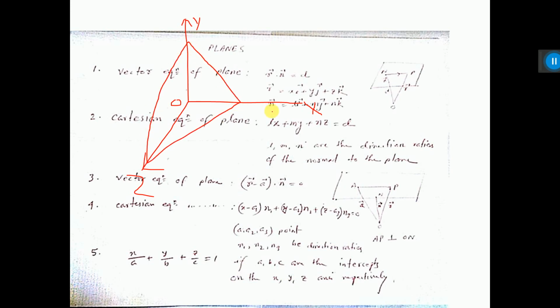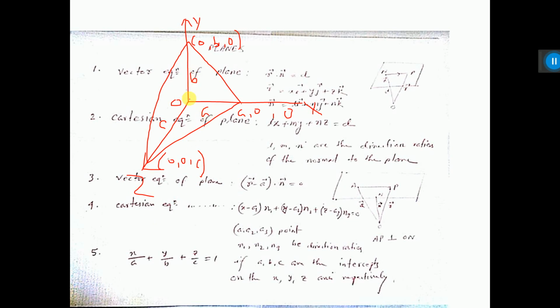That means the plane is intersecting the coordinate axes at these 3 points. This point will be (A, 0, 0), this point will be (0, B, 0), and this point will be (0, 0, C). Obviously this distance will be C, this distance A, and this distance B.